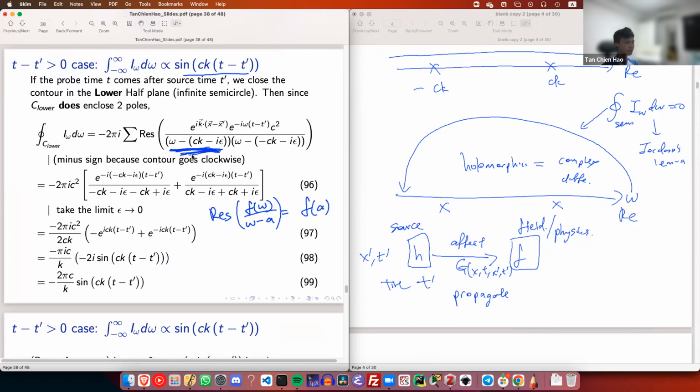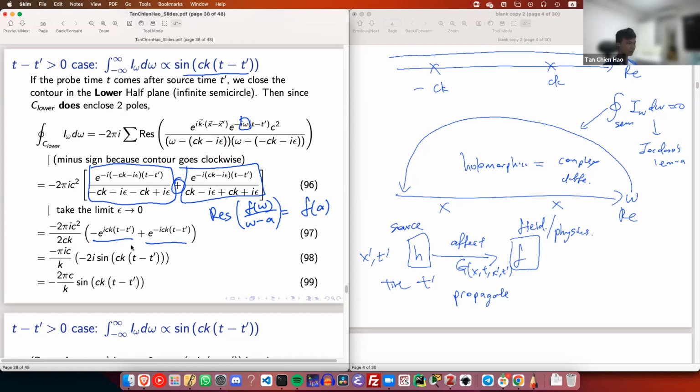So we look at the two values of omega that make the denominator go to infinity, and for each one of them we substitute omega equal to that value into the numerator, and into the other factor also. If we add the two residues together, then we get this.